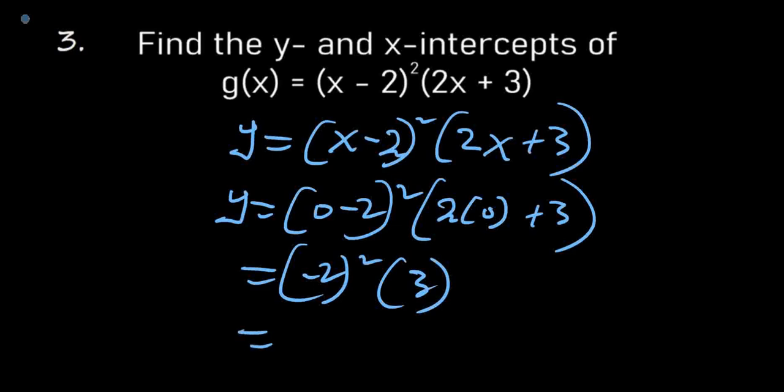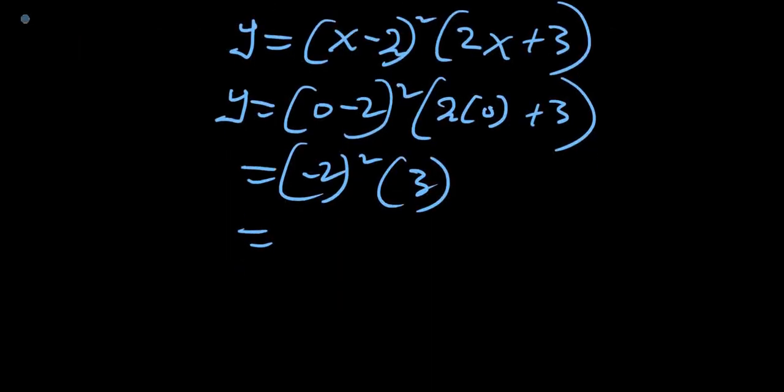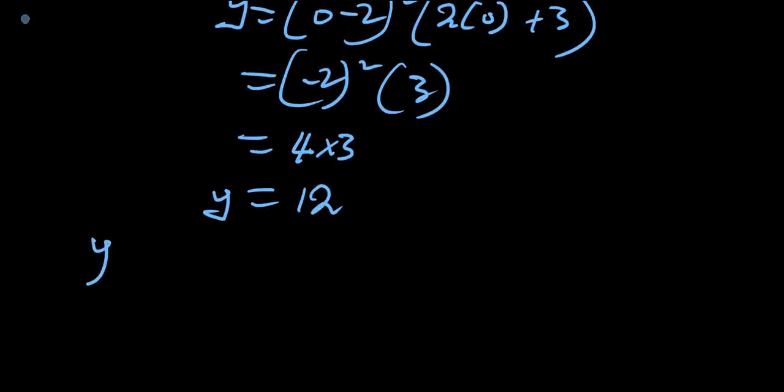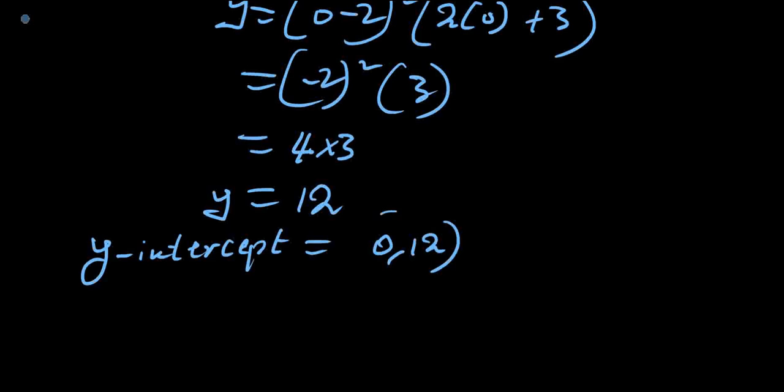So this will be equal to negative 2 squared is 4, so we have 4 times 3, and this will be equal to 12. So y is equal to 12. So the y-intercept would be (0, 12). So this is the y-intercept.